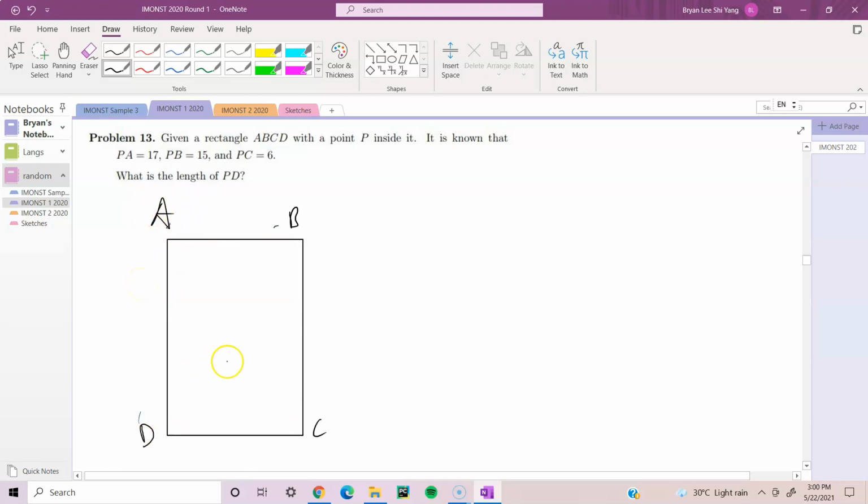Now, with the point P inside it, we have PA equals to 17, PB equals to 15, and then PC equals to 6. Now, let's just draw a few points, something like this. Okay, it might not be accurate, but okay. So this is PA. Then we have PB over here.